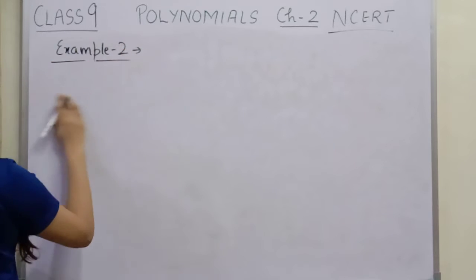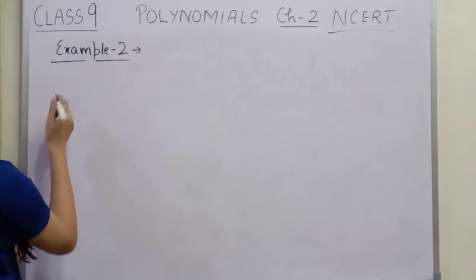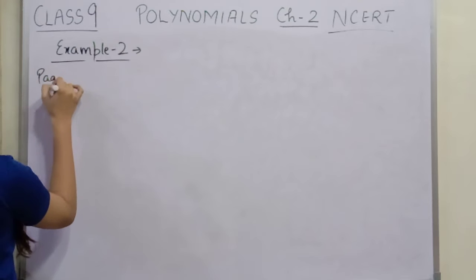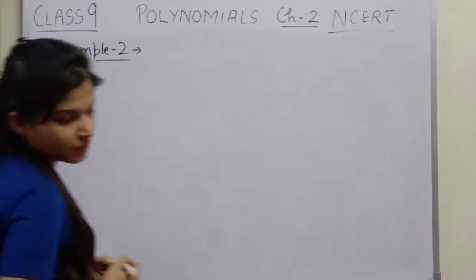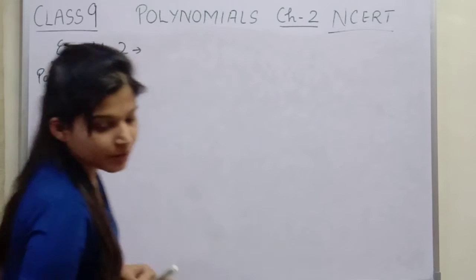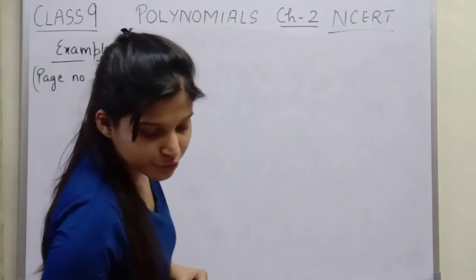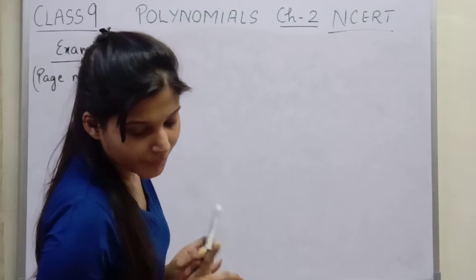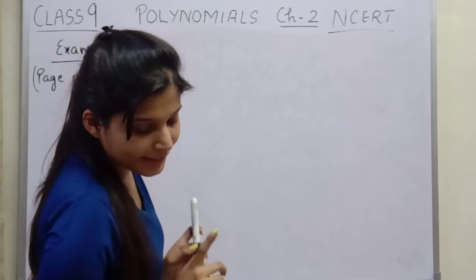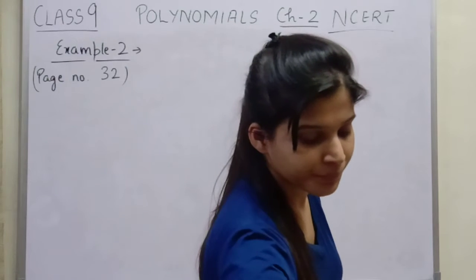Example number 2 is on page number 32, right? Example number 2 says find the value of each of the following polynomials at the indicated value of variables.